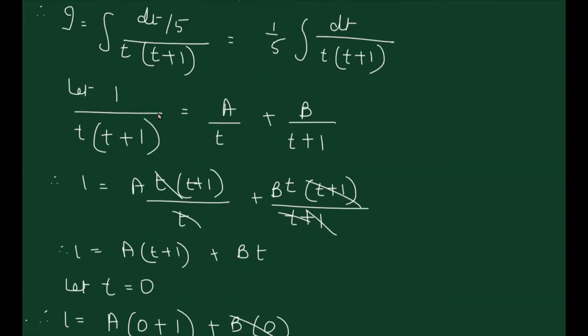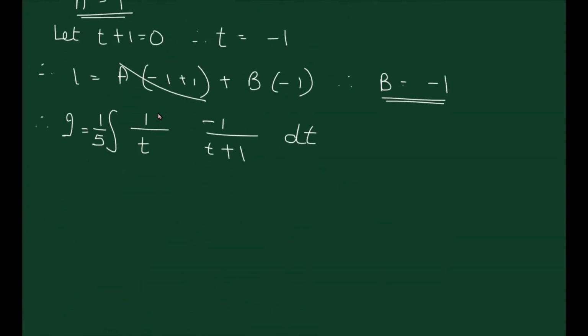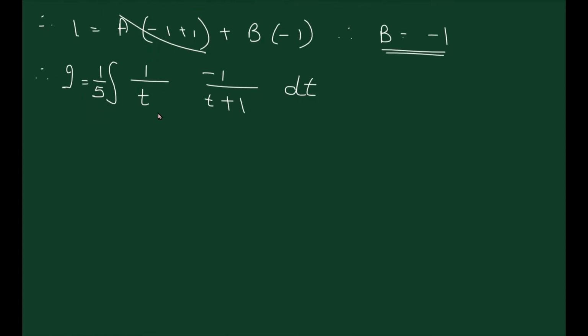So we put that also outside the integral sign, and thus now we are in a position to solve the sum. We can separate the integrals this way: 1 upon 5 integral 1 upon t dt minus 1 upon 5 again the integral of 1 upon t plus 1 dt.